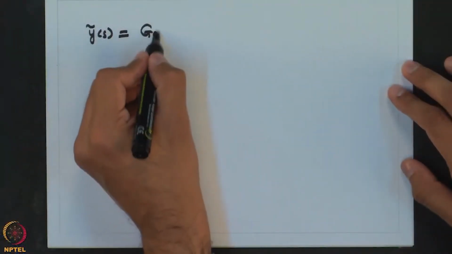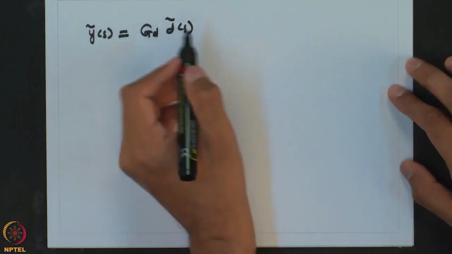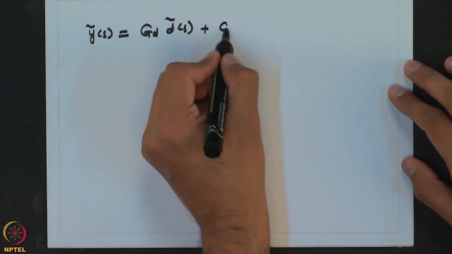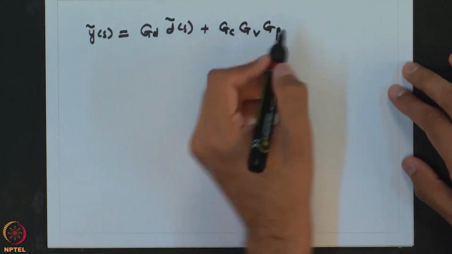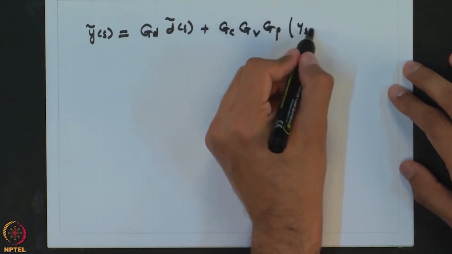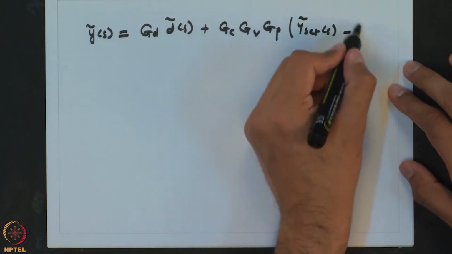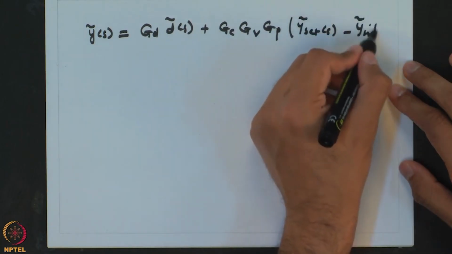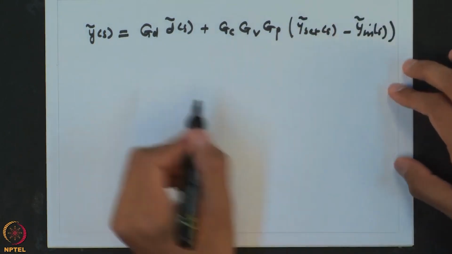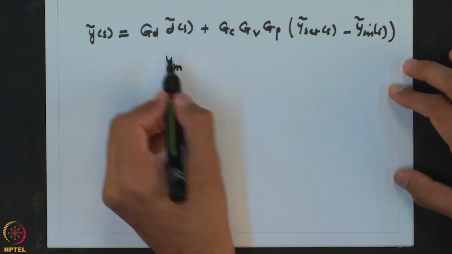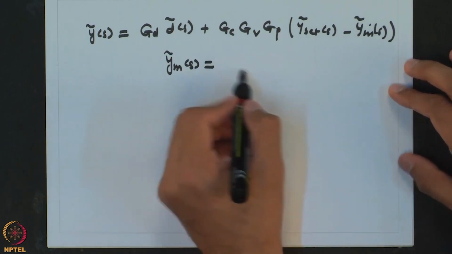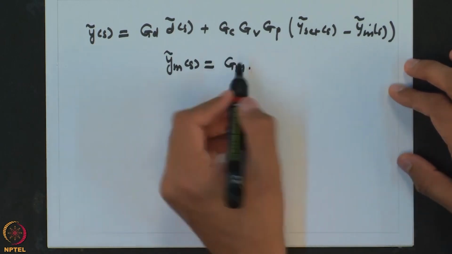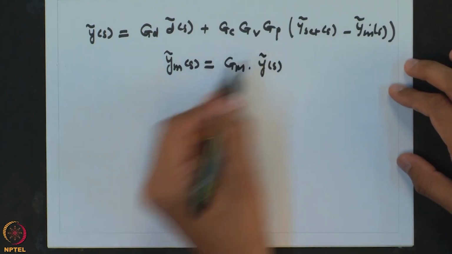Ys is Gd ds plus Gc Gv Gp times (y set s minus yms), and then lastly we can say ym is the output of the measurement or sensor. So, it is equal to Gm times Ys.